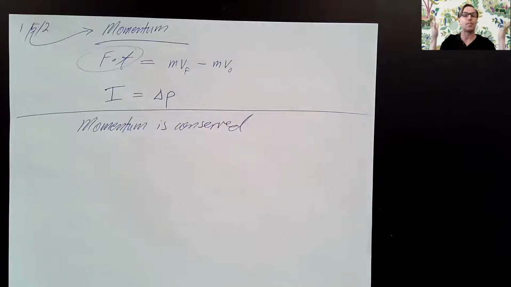Momentum doesn't just appear or disappear, it goes somewhere. So if this object isn't moving and it gained momentum, maybe there was some other object that was moving to the right and hit it and slowed down. So if this object loses momentum, it can give the momentum here. So the total momentum will be conserved, even though individual objects might not have their momentum conserved.